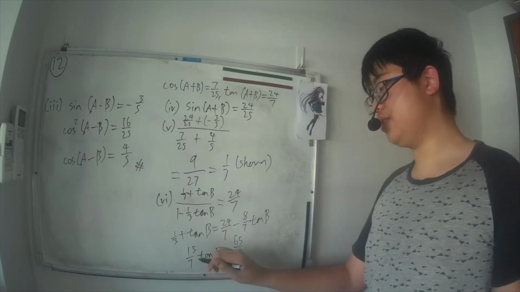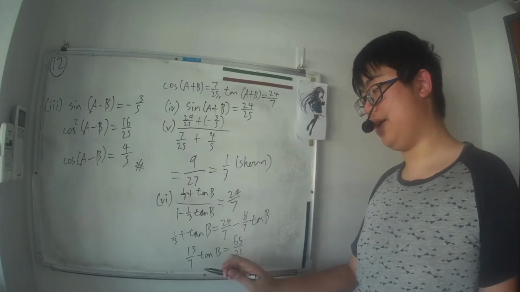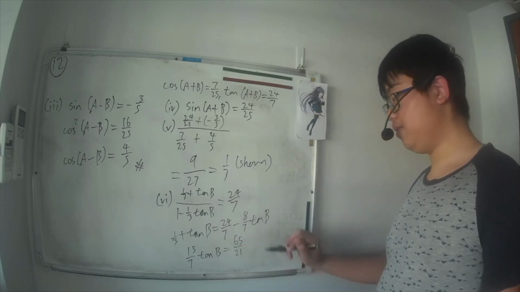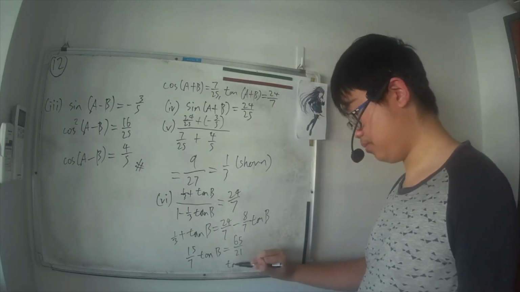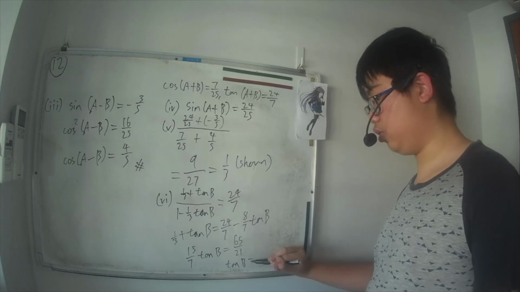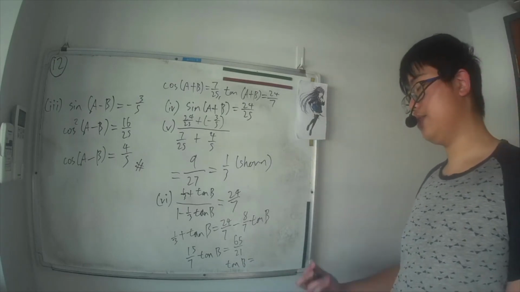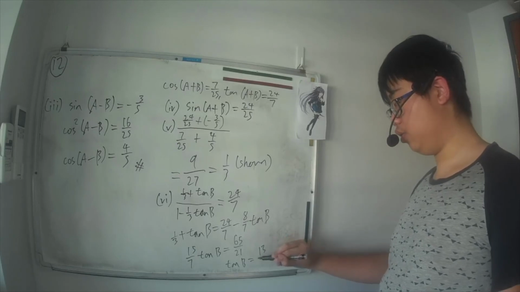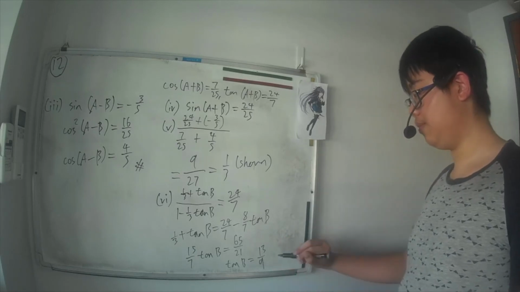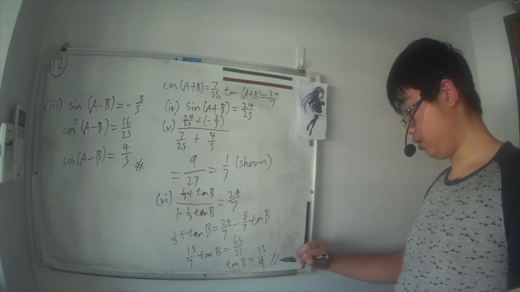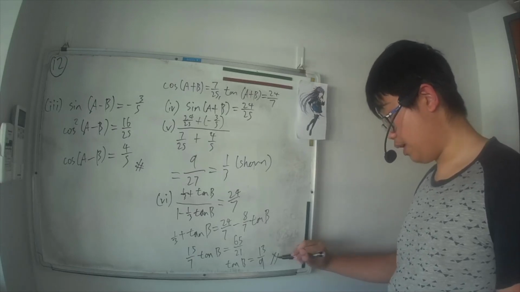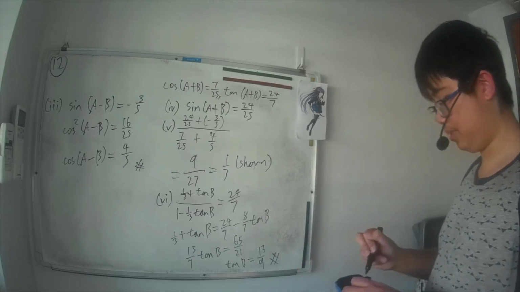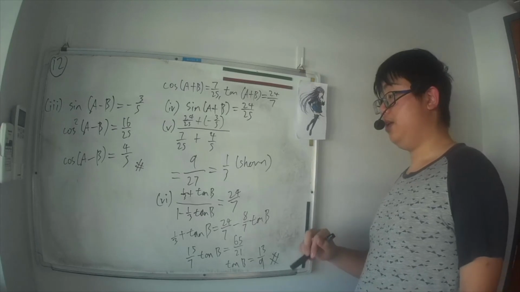And because 15 over 7 is the same as 45 over 21, therefore your tangent B is equal to 65 divided by 45, which I can write down as 13 over 9. Okay? And that's it. That is your tangent B.